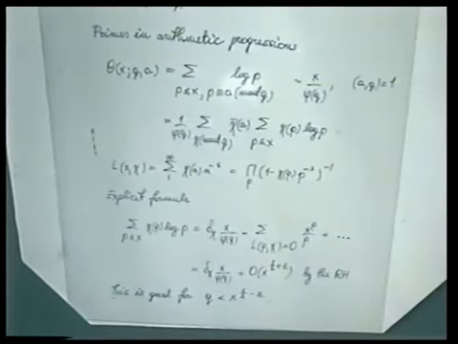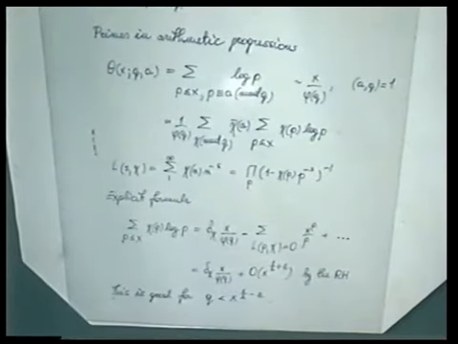Of course, Dirichlet got much weaker results, yet still, the existence of primes in arithmetic progression was proved by him by weaker methods. Anyway, the point I'm making here is that this result, which follows from the Riemann hypothesis, is good only for q less than x to 1/2. That means it's meaningful because the error term does not exceed the main term.